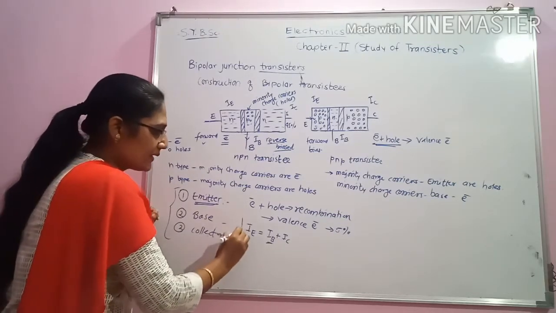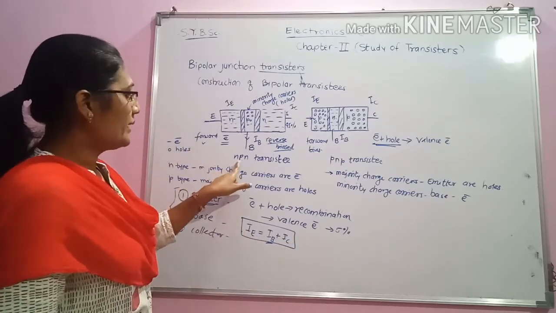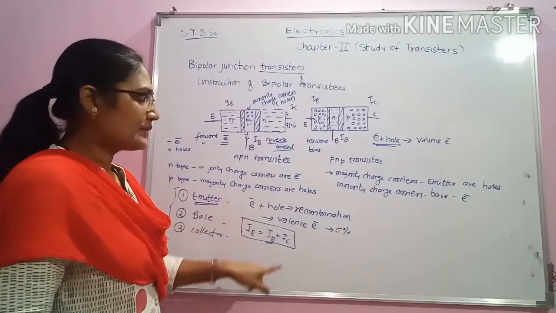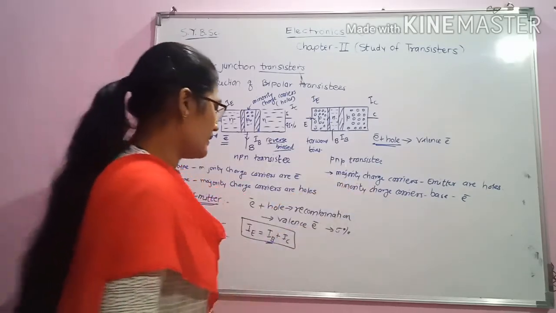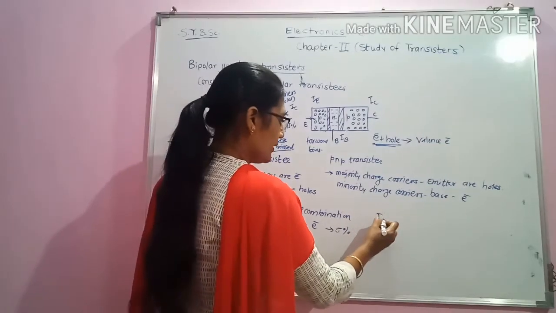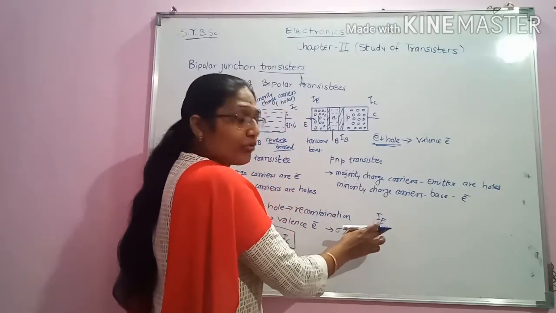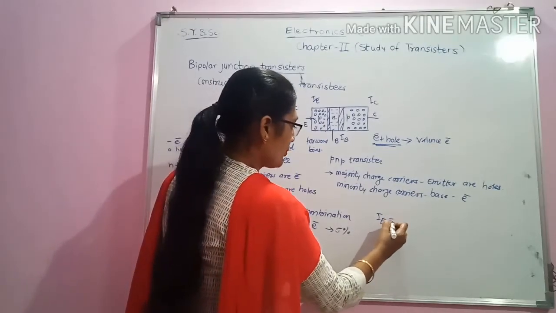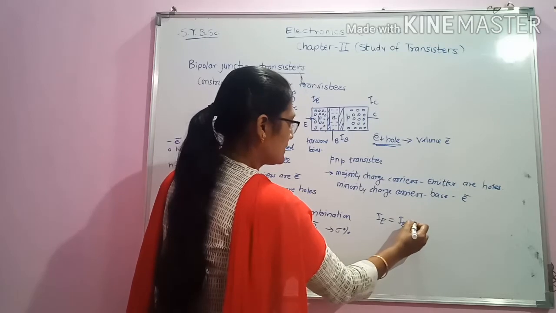Therefore, IE is nothing but IB plus IC in case of NPN transistor, and the same is the situation in case of PNP transistor, but here the current which is generated is due to the migration of holes. Therefore, IE is equal to IB plus IC.